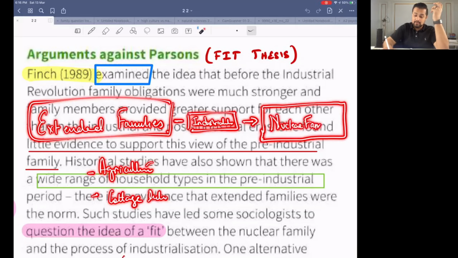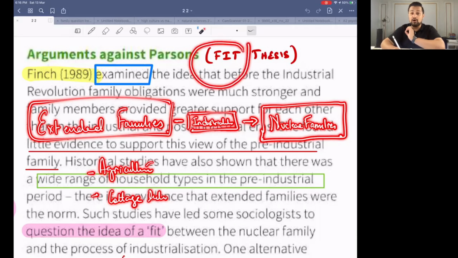This is the core of the thesis: extended families transforming into nuclear families to be able to fit into the requirements of an industrial society. This is what the FIT thesis is all about. There's more to it, but I can't explain the entire FIT thesis here.